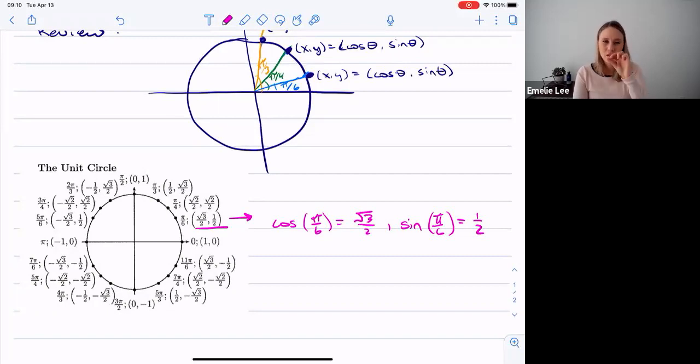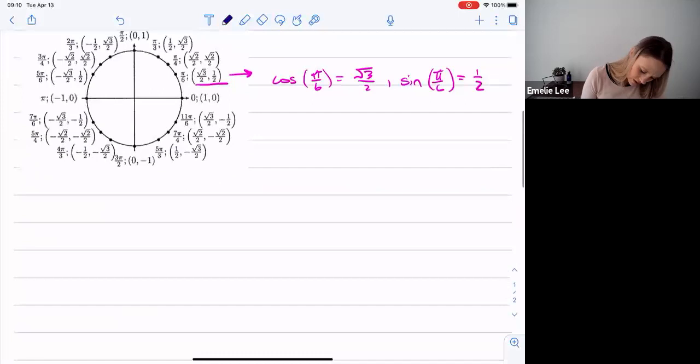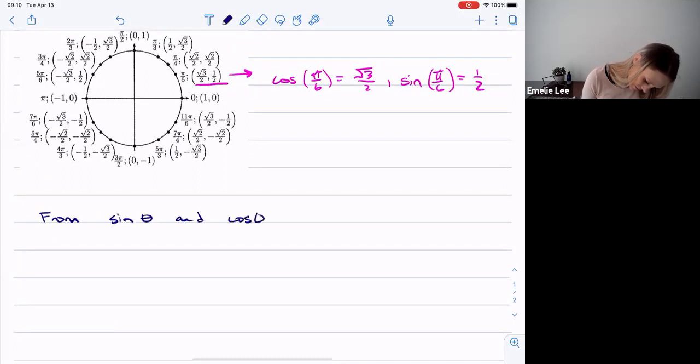And so we can go all the way around the unit circle and we can pull out these sines and cosines. From sine and cosine, we can build the other trigonometric functions. Okay. So from sine theta and cos theta, we can build the other trigonometric functions.